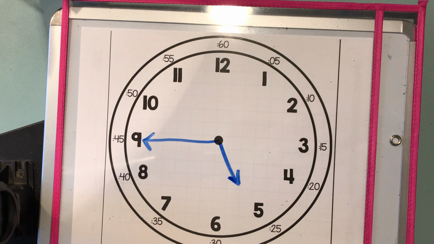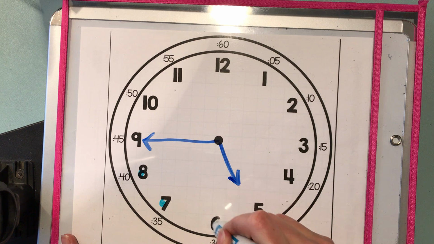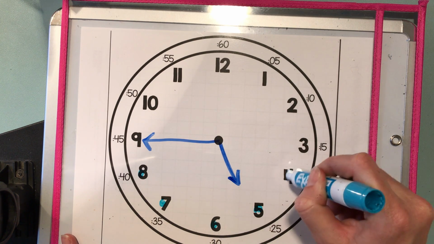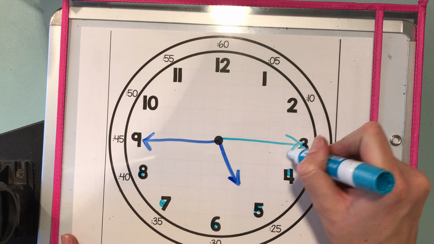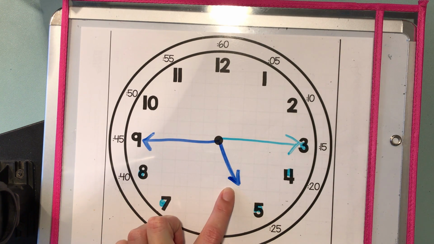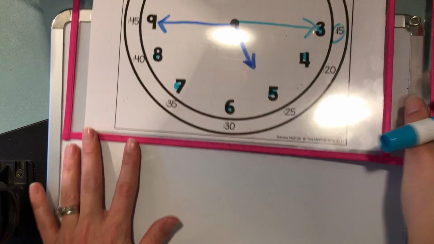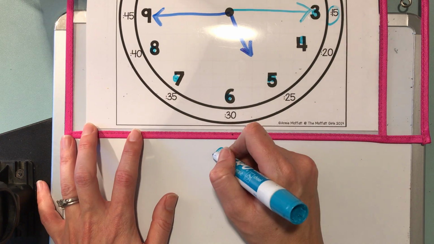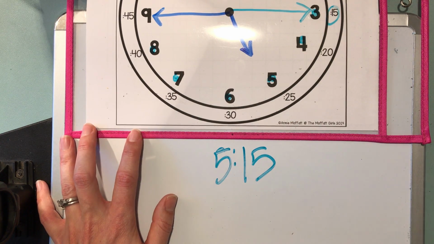Counting by fives until we hit 30, right? 5, 10, 15, 20, 25, 30. What's my new time? Well, my new time is 5:15. That's what time it was 30 minutes ago. And that's it in digital form.